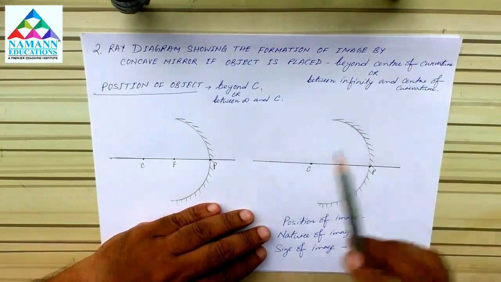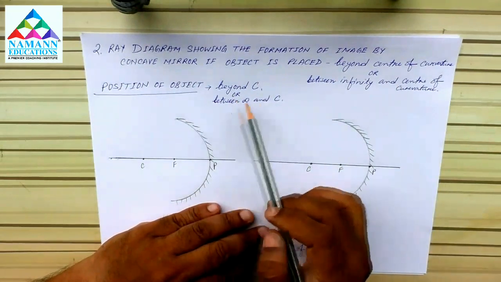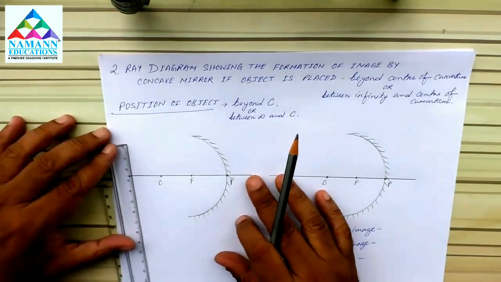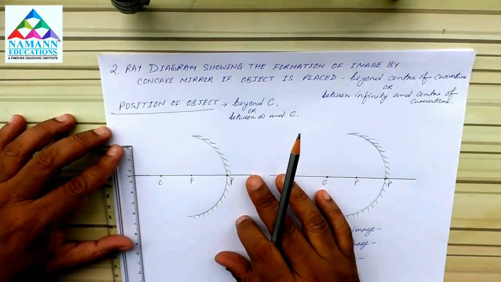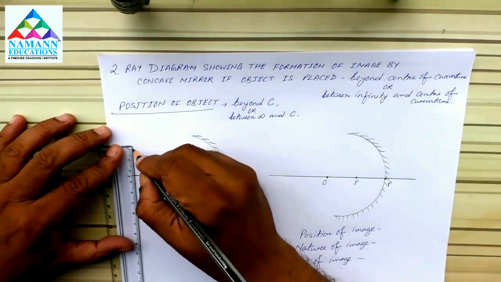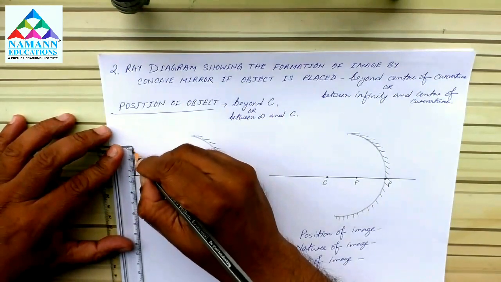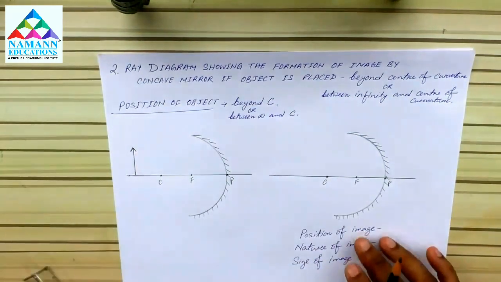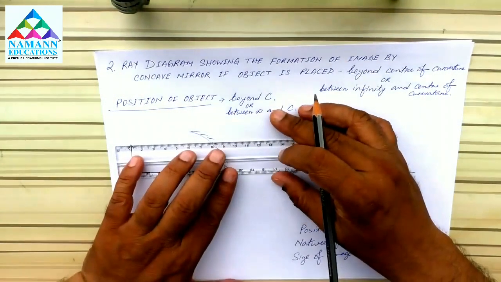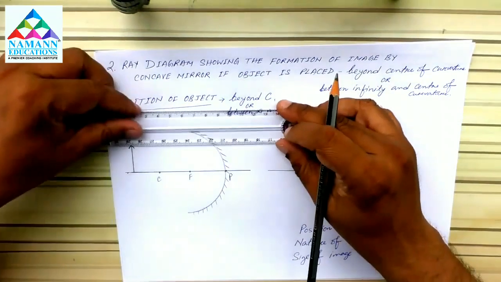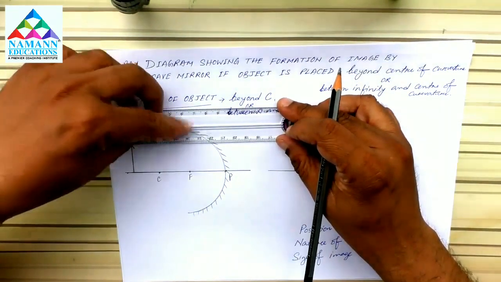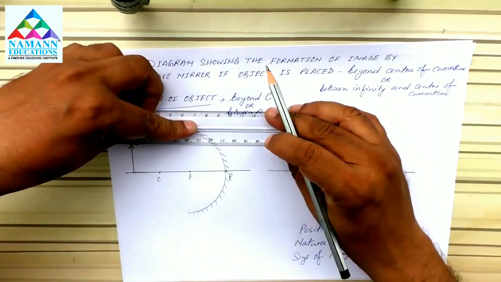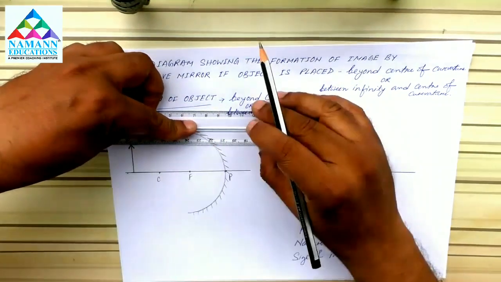So position of object is beyond C or between infinity and C. This time we can draw an object in front of the mirror like this, and from the top of the object a ray of light incident parallel to the principal axis.